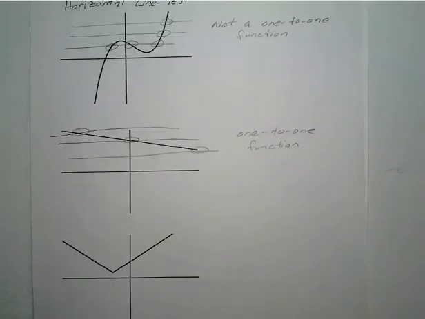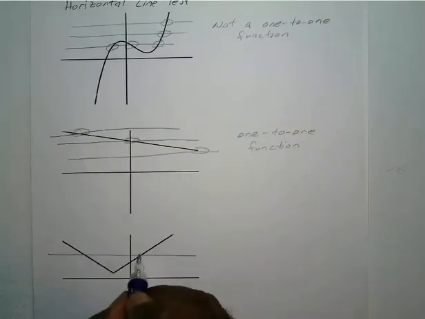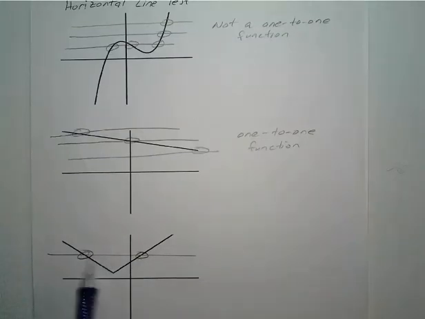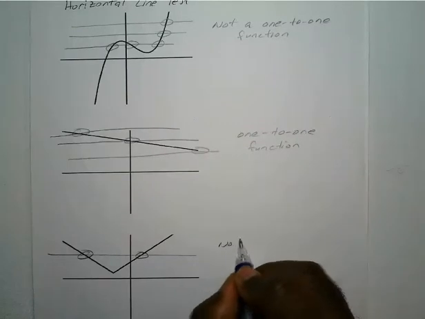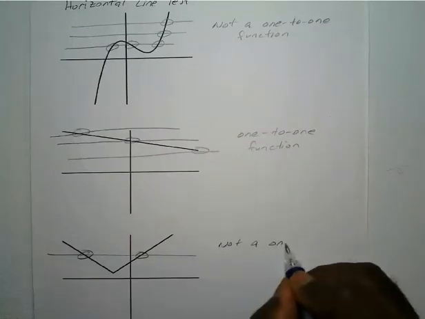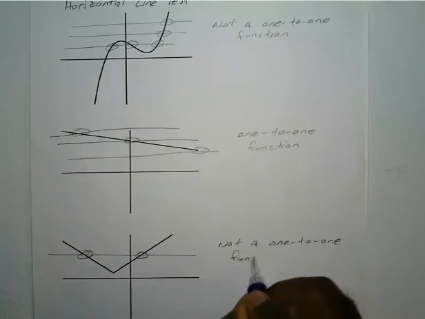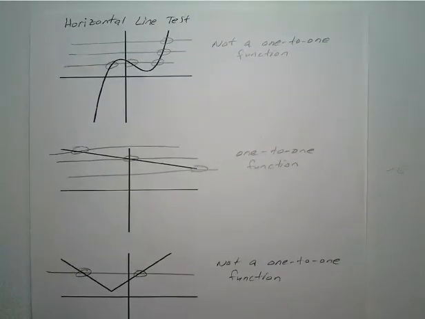Okay, so if you said it's not a 1-to-1 function, you would be correct, because if you draw a horizontal line, that one horizontal line will cross that graph in more than one spot. So it's not a 1-to-1 function. All right, so that is how you would use your horizontal line test.